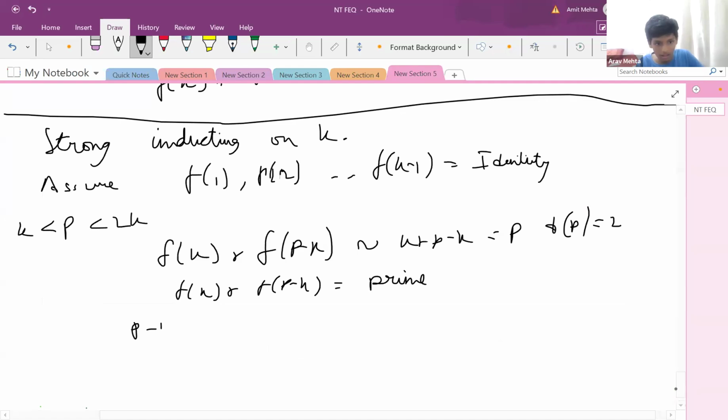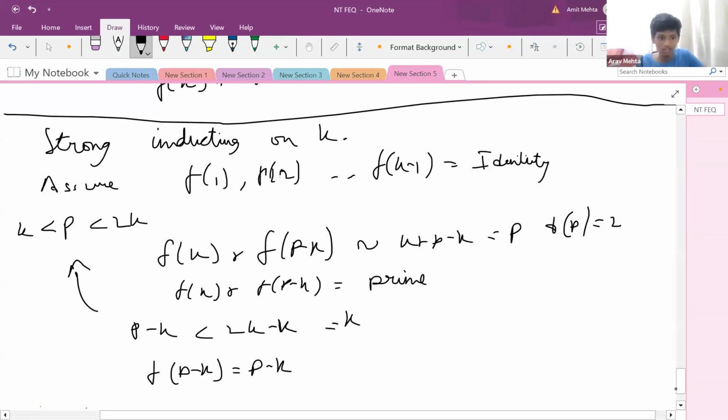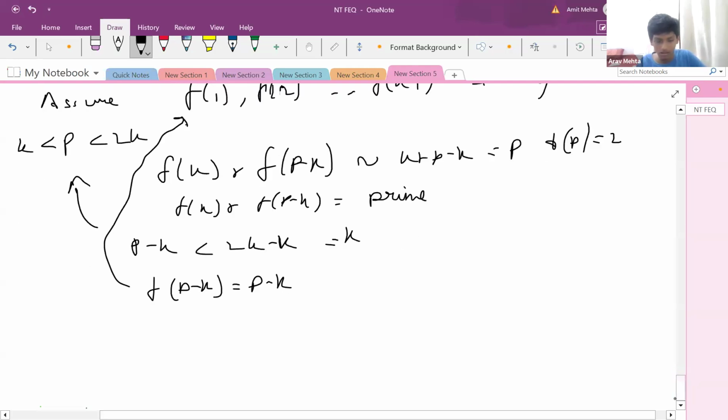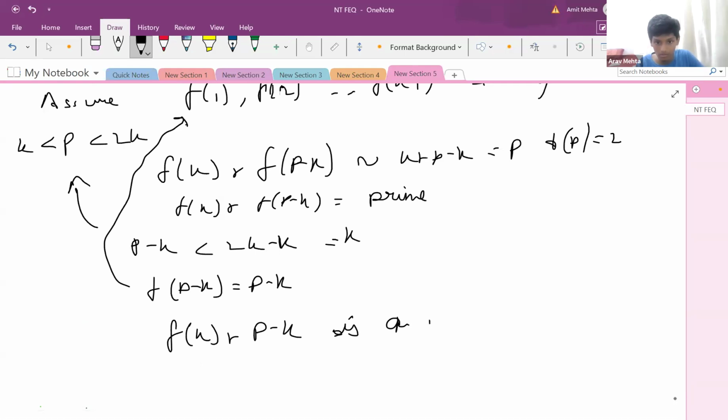However, p minus k is less than 2k minus k by this inequality, which is k. And hence, f of p minus k is p minus k by the induction hypothesis. Then we have that f of k plus p minus k is a prime, so it's odd.